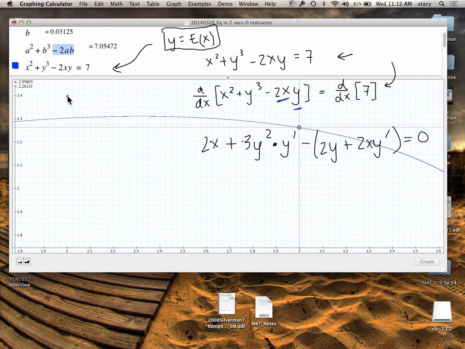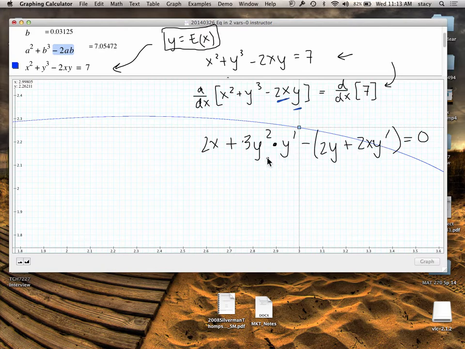So let's go, because remember we said it would be really nice if we had a formula to be able to figure out the rate of change at a given point. So that means I want to isolate y prime. Do you agree? How do we go about doing that? I want to bring the 2x over there.